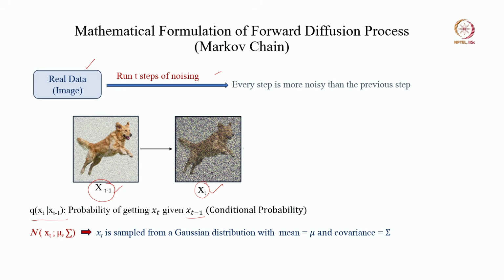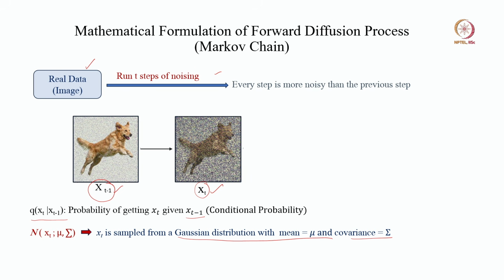Now, this x t is sampled from a Gaussian distribution with mean mu and covariance sigma. Now, because the forward process is a fixed process, there is no learning that happens in the forward process, we consider it as a predefined Gaussian distribution.